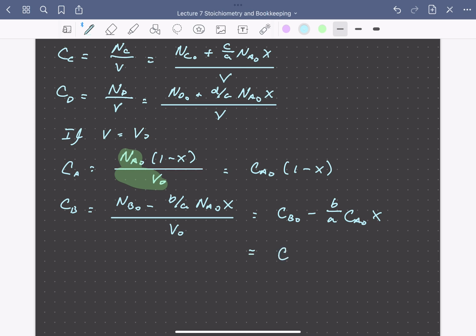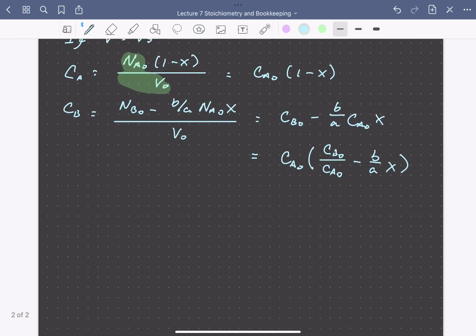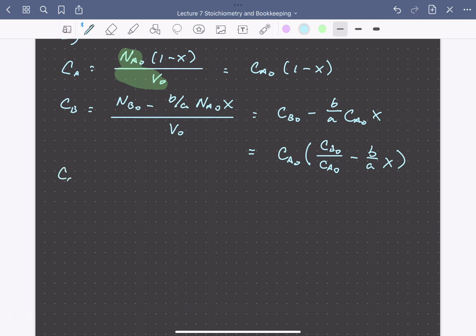So this could be rewritten as Ca0 times the ratio of the initial concentrations of B and A minus the ratio of the stoichiometric coefficients times the conversion. Okay, so we'll write for completion the similar expressions for Cc and Cd.